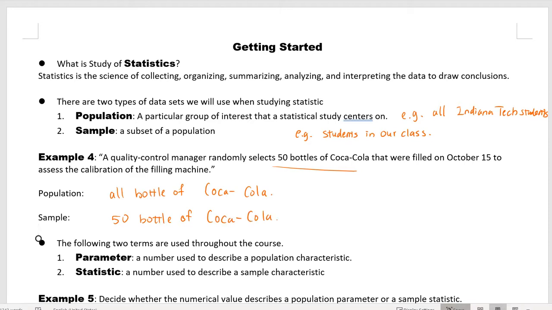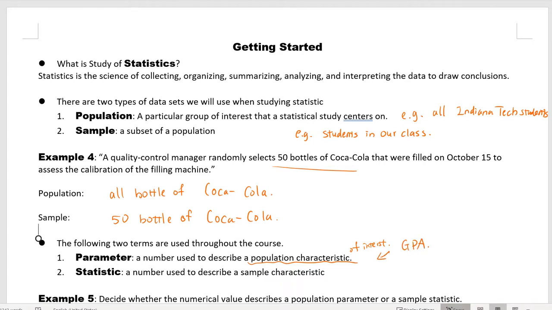Alright. And then the next following two terms are used throughout the course. First, parameter. Parameter is a number used to describe a population characteristic. So what is population characteristic of interest? This is like a GPA.